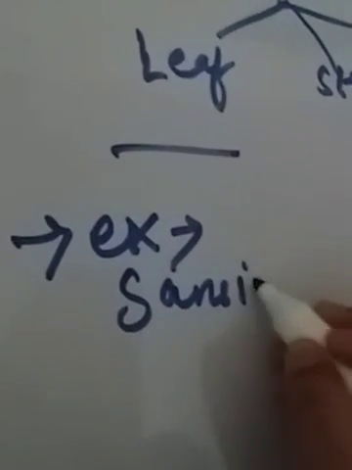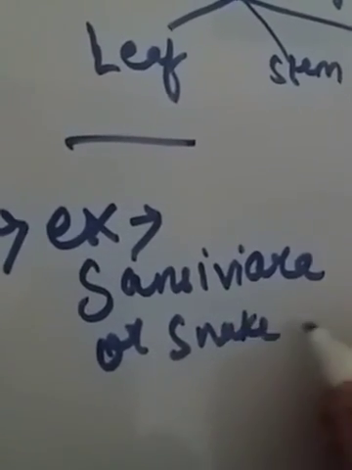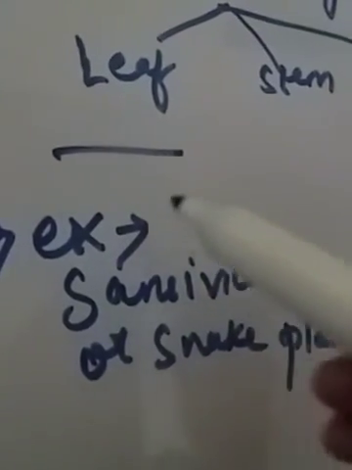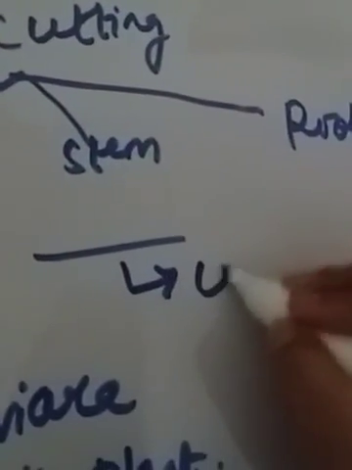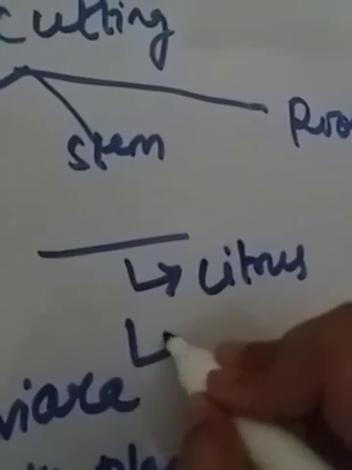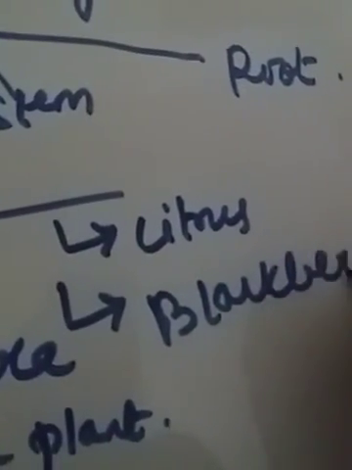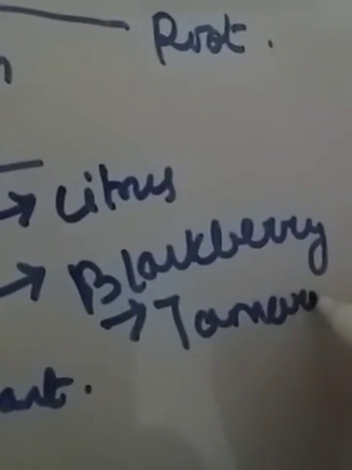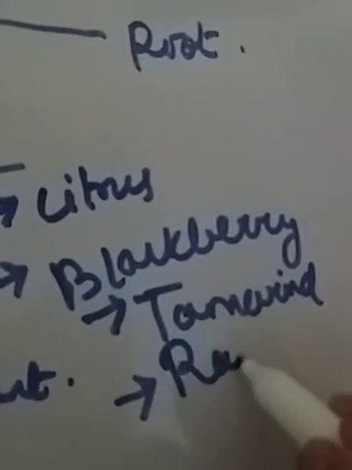Sansevieria or the snake plant. This is the leaf cutting example. In stem cutting, the examples are citrus, blackberry, tamarind and raspberry.